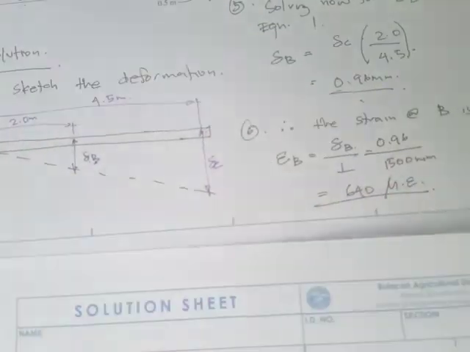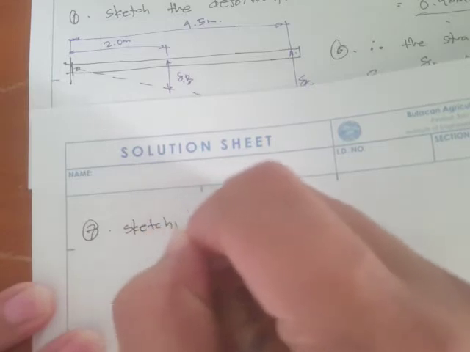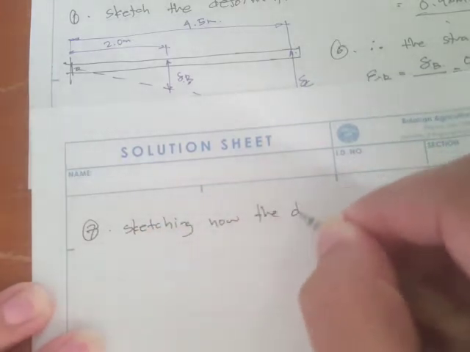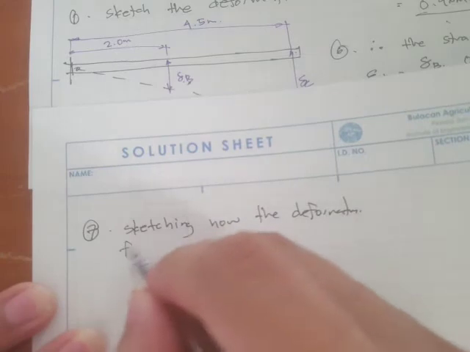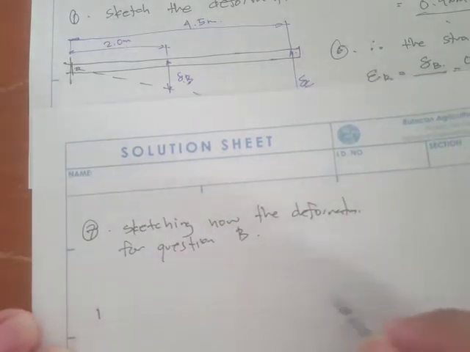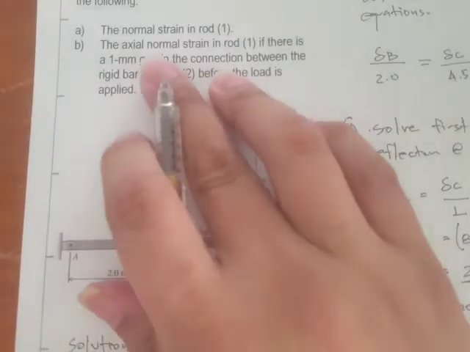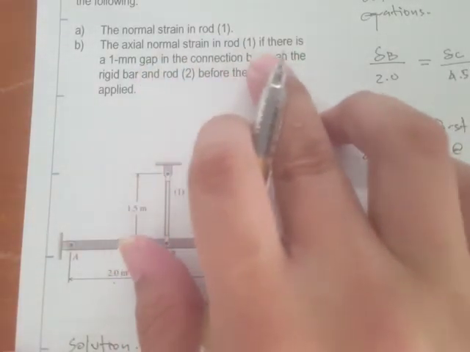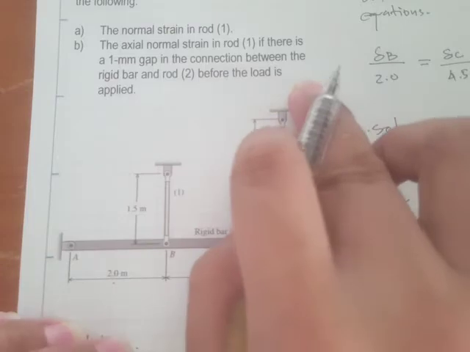For letter B, let's draw our sketch of the deformation for question B. It says here the actual normal strain in rod 1 is if there is a 1 mm gap in the connection between the rigid bar and the rod 2 before the load is applied.